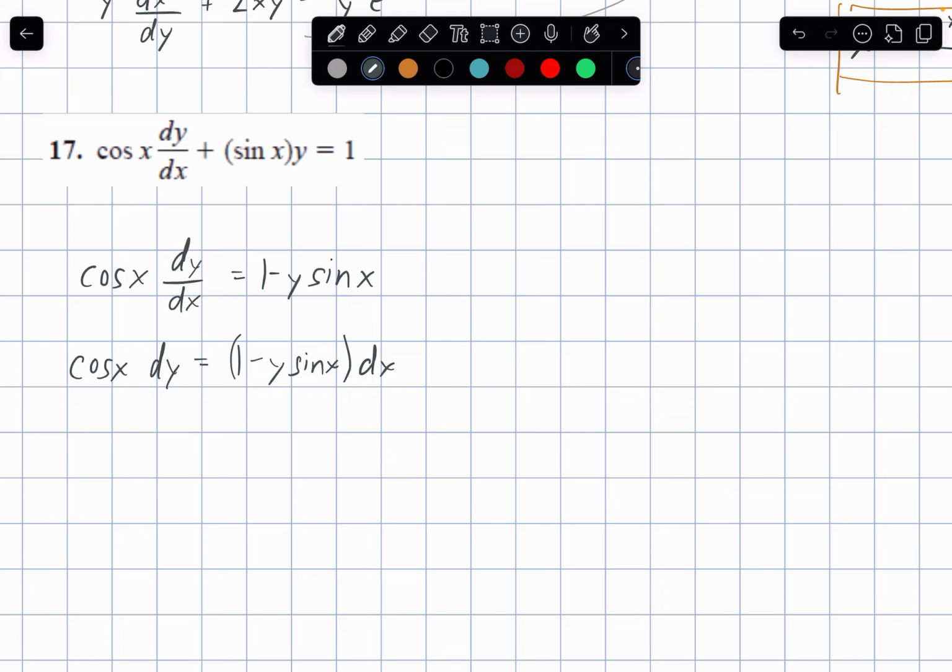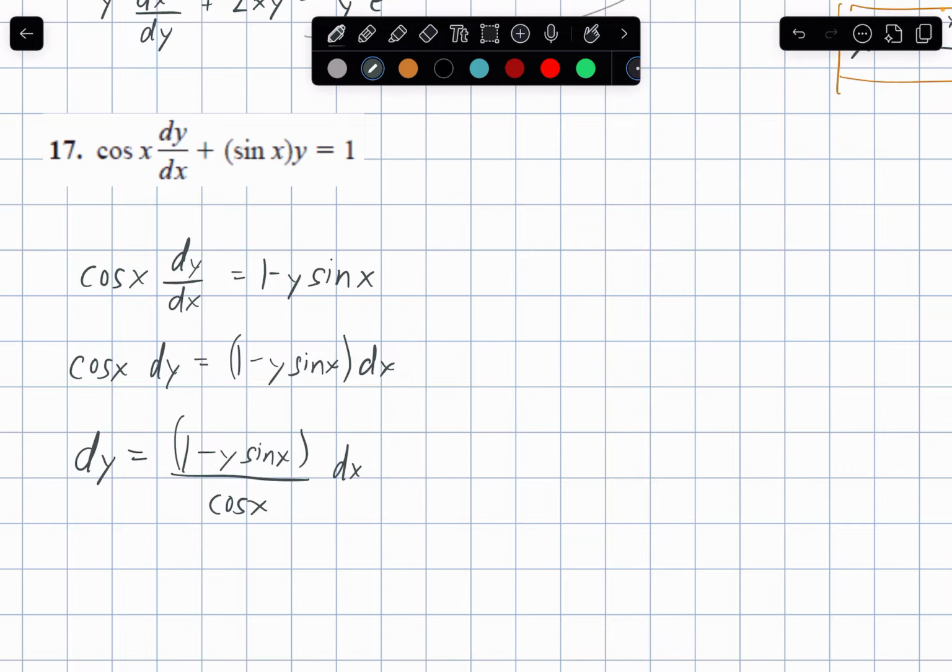Let's see. What if we isolate cosine? No, we isolate dy. Do you think this would be linear in x or in y? Maybe it's not linear in x because of this.